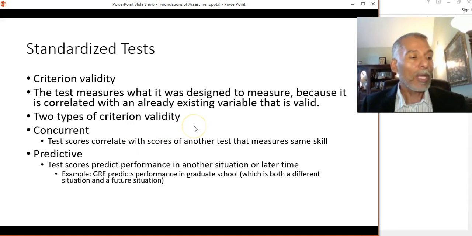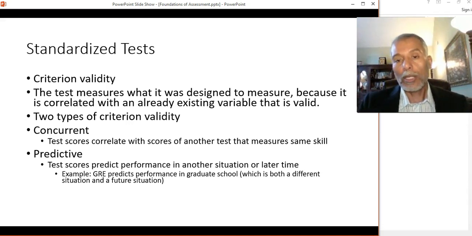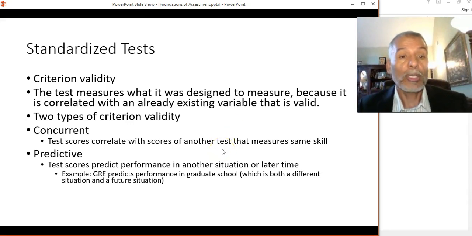So, for example, we have a test called the SELF-5 and a test called CASTLE-2. You do an assessment with the child using this test, I do an assessment with the child using the other, and we both look at the scores. Both of us should show that the person has a disability or doesn't have a disability. So that is what concurrent means.